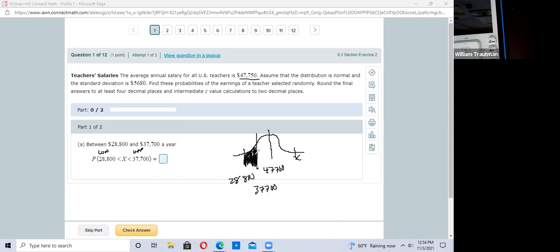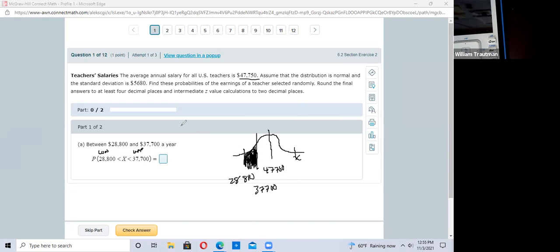Between 28,800 and 37,700, the average is 47,750, and standard deviation was 5,680.